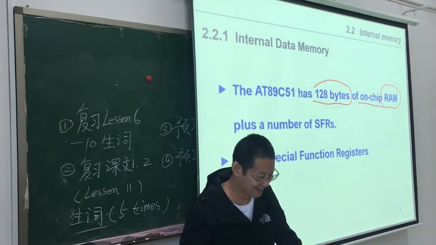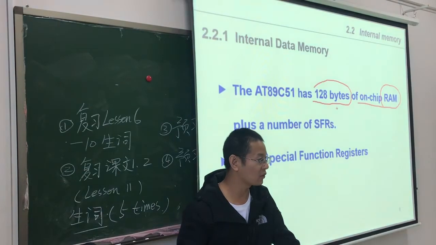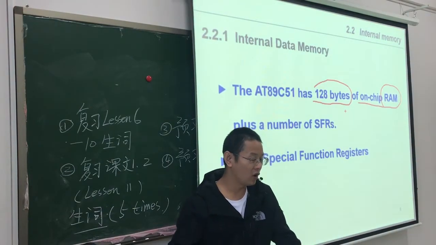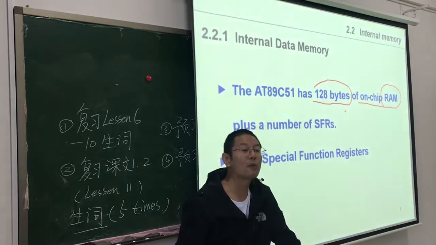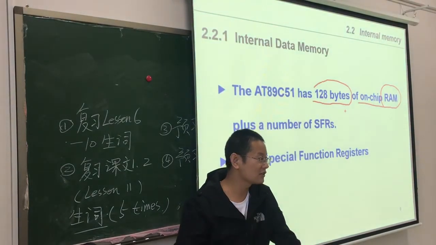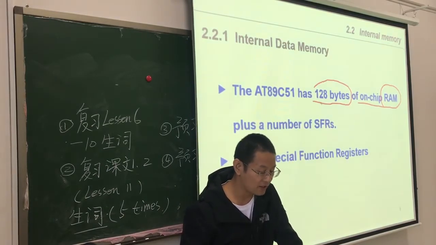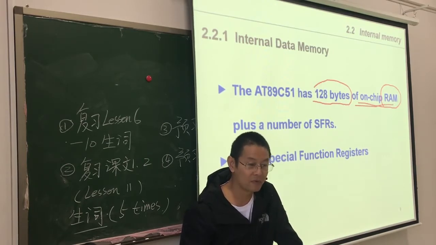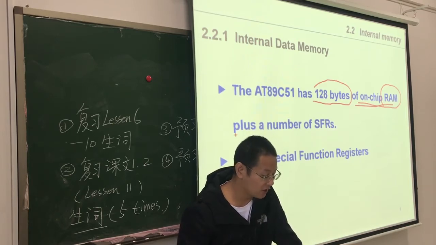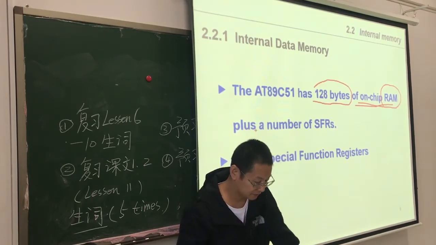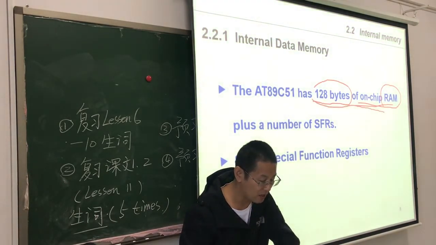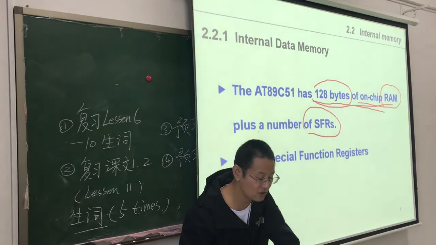Okay. If you want to control a microcontroller, you need to know how to arrange the memory. So you must understand the memory. There are 128 bytes of on-chip RAM, which means memory, and some special function registers.